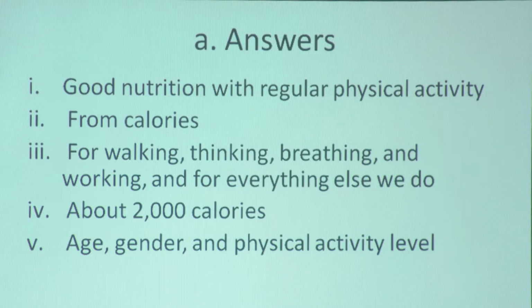Question number 4, how many calories does an average person require every day? In your audio material, it is mentioned about 2,000 calories. The last question of question number 1, name any 3 factors that our calorie intake should be based on. It's given: age, gender, and physical activity level.